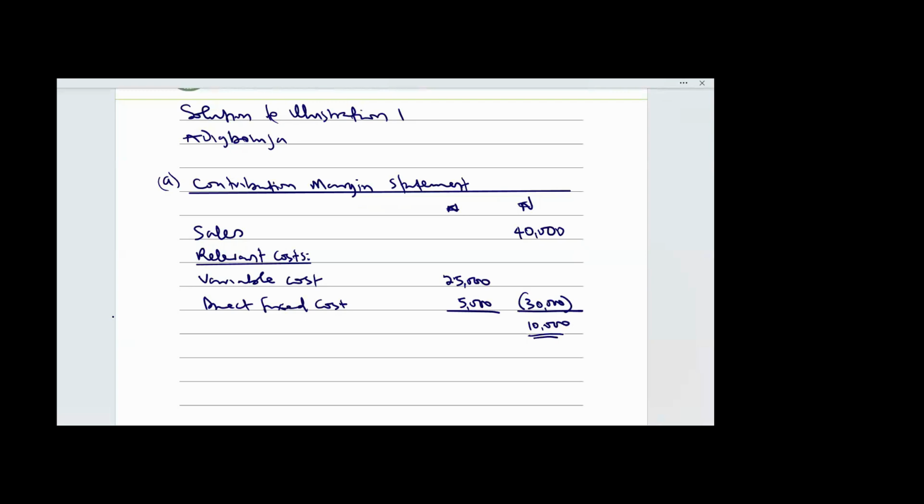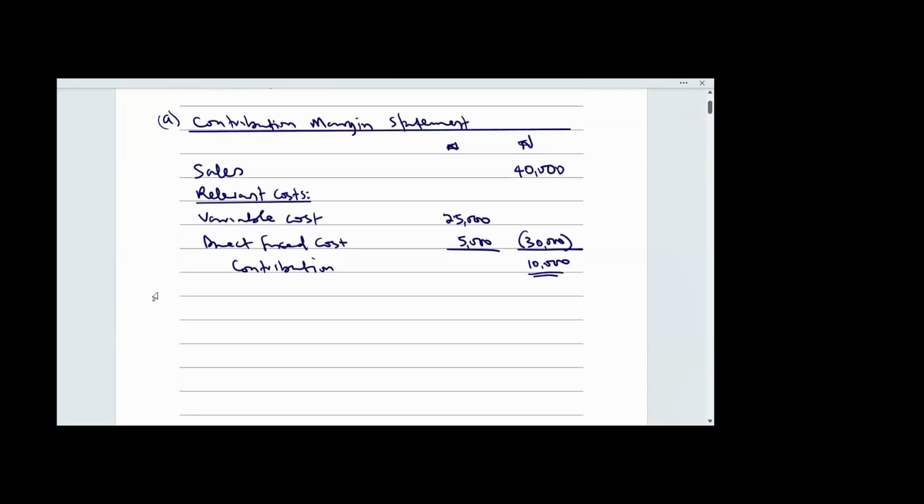So this represents contribution. The sales value is more than the relevant cost. The benefit outweighs the total relevant cost. So the examiner is now asking you whether the company should drop the sales of vanilla. So our decision should be that decision.